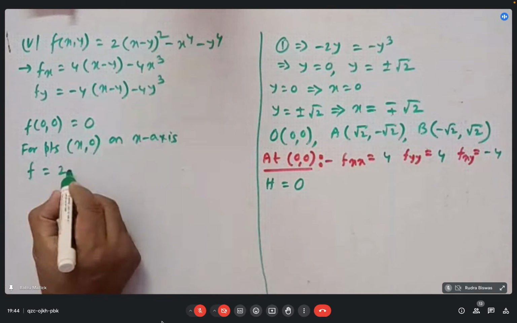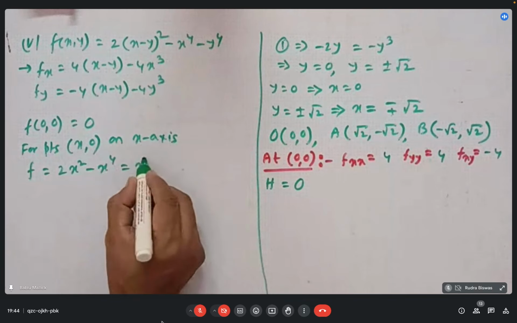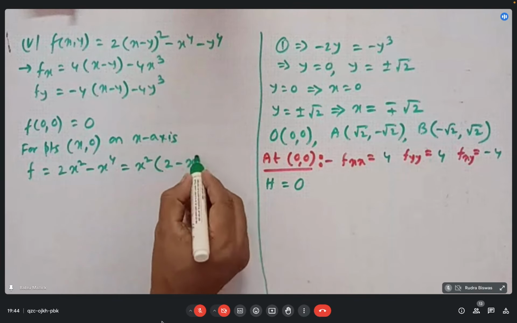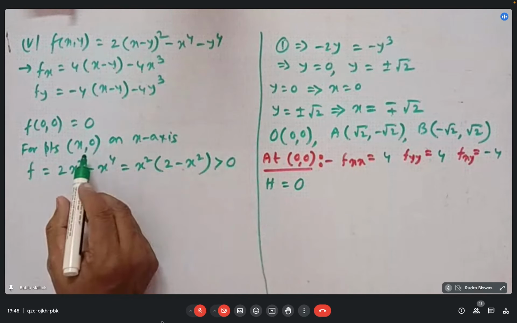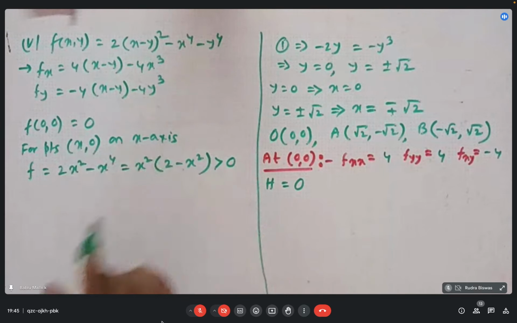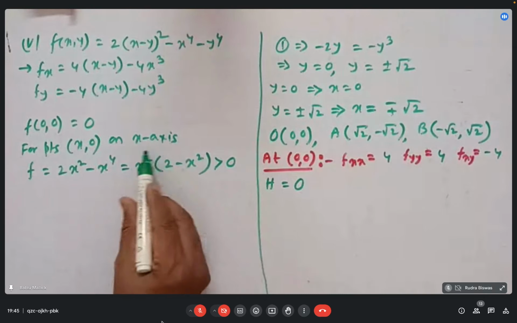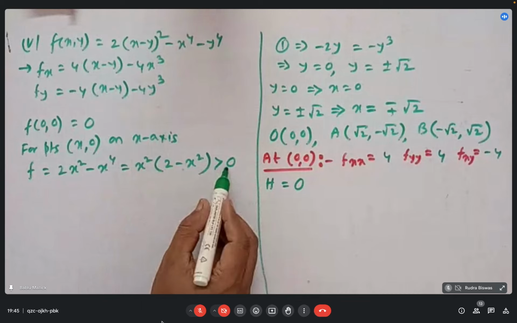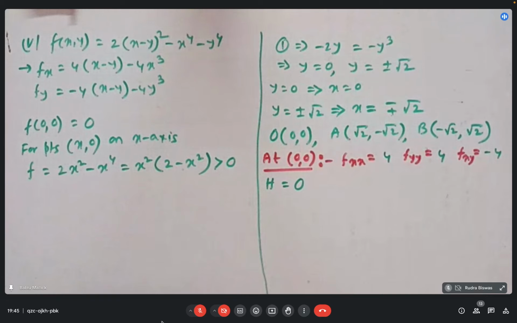This will become 2x square minus x to the power 4, so it is x square times 2 minus x square, clearly it is greater than 0. If x is very close to 0 then it is positive, so it is greater than 0 for points in the neighborhood of 0 0.